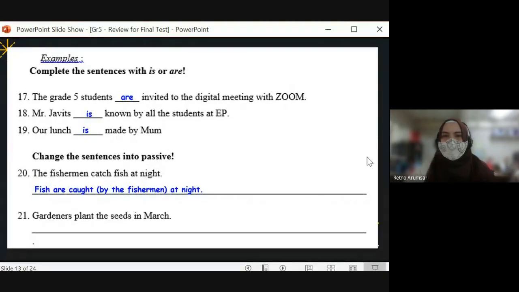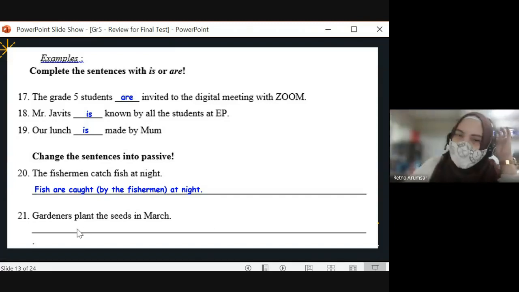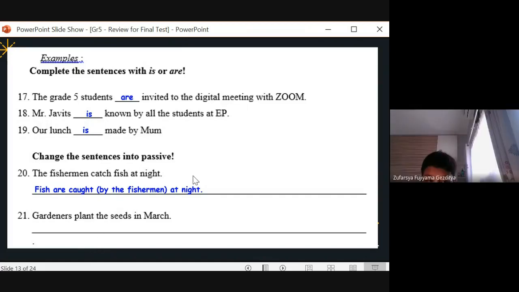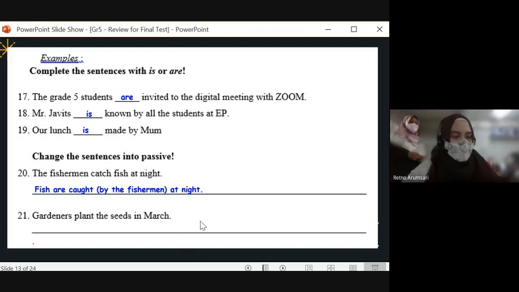Okay, let's go from the bottom. Zufarsha, number 21. How do you do it for number 21? The gardeners plant the seeds in March.